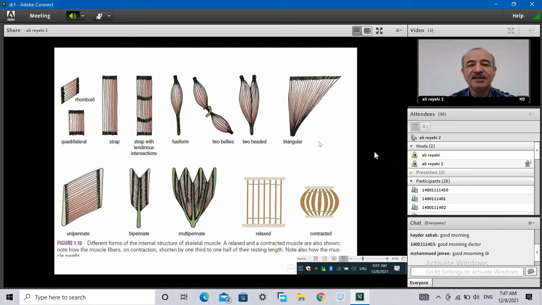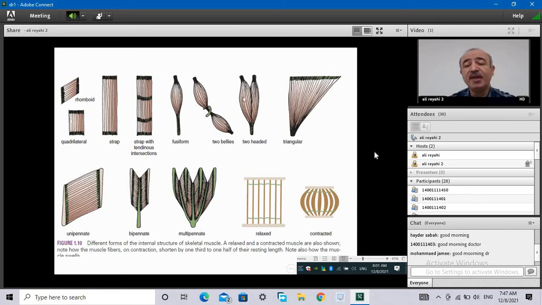And in this picture you can see the different types of muscles. For example, some muscles have different shapes, like rhomboid or quadrilateral strap, and for example the belly part of the muscle is like a fusiform, or some muscles have two bellies, called digastric.